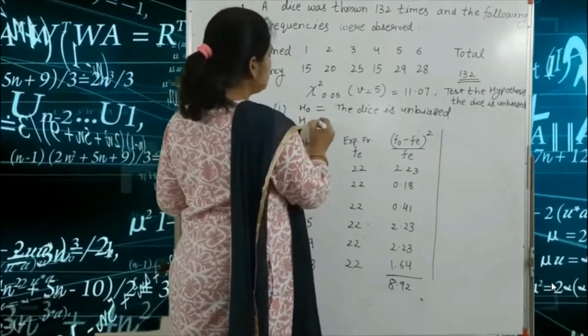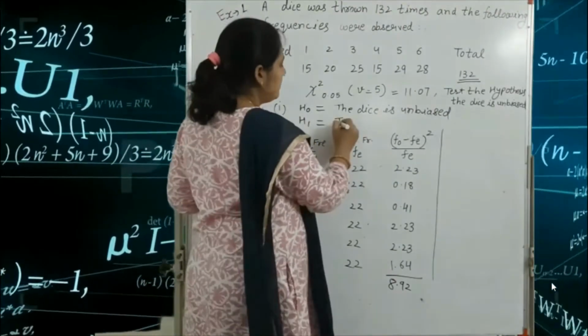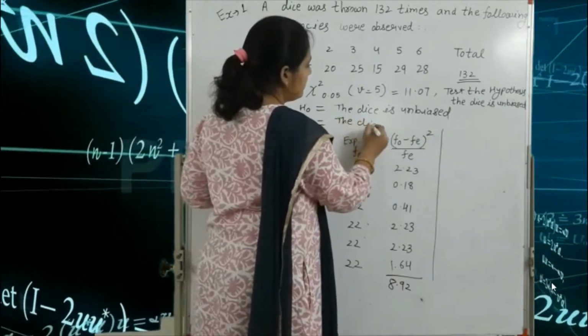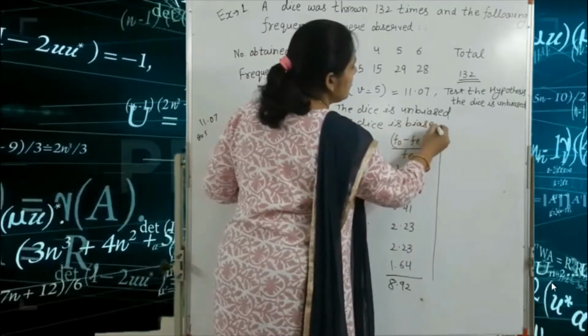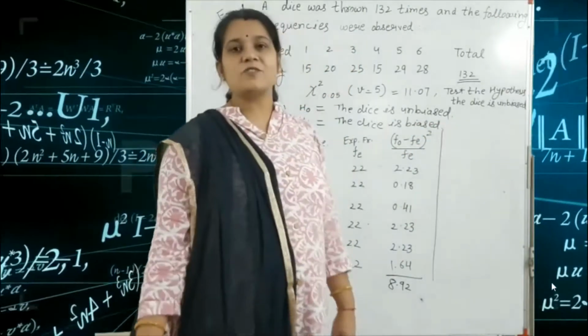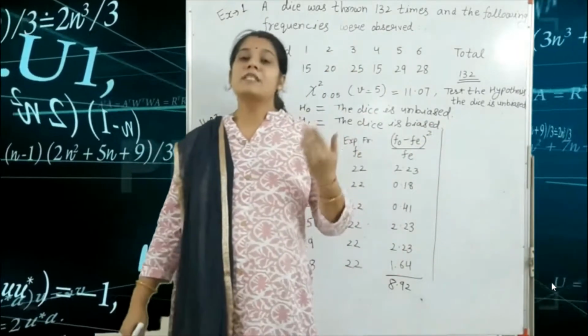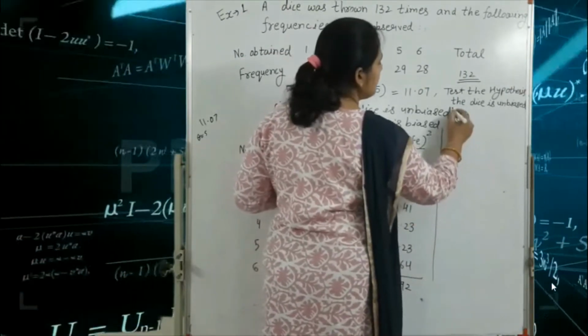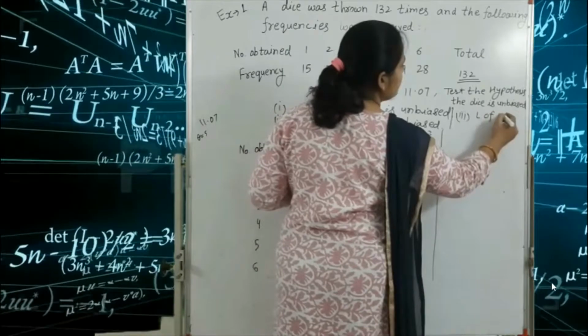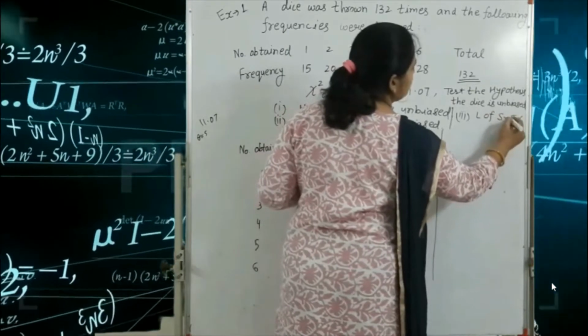The alternative hypothesis is that the die is biased. The third point is the level of significance, which is 5%.